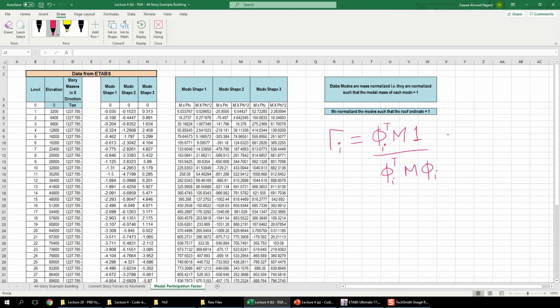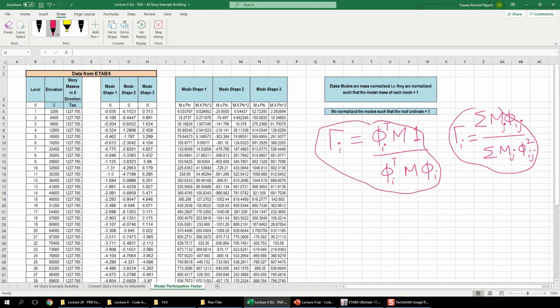In summation form, it was basically equal to the sum of story masses multiplied by the mode shape ordinates, for example mj, which is the story mass at the jth floor, multiplied by the ordinate of the ith mode at that jth floor, divided by the same thing, but now there will be a square on phi ij. So this will give you the gamma I. This is in the summation form and this is in the matrix form. So you will get the same number. So I have applied this equation here.